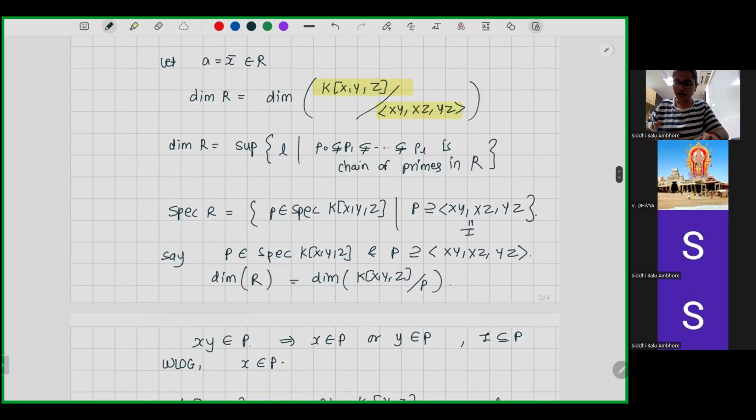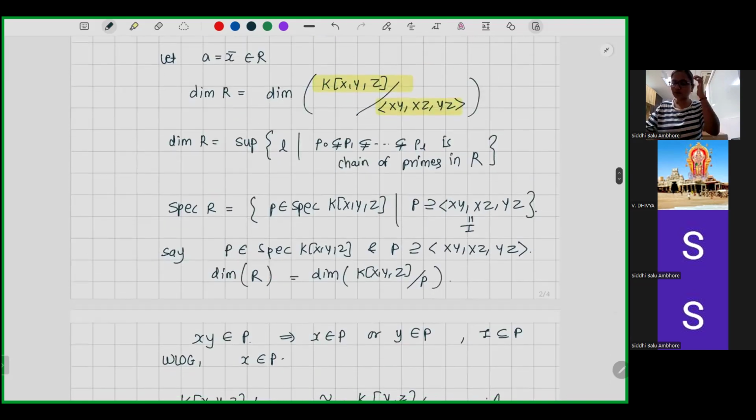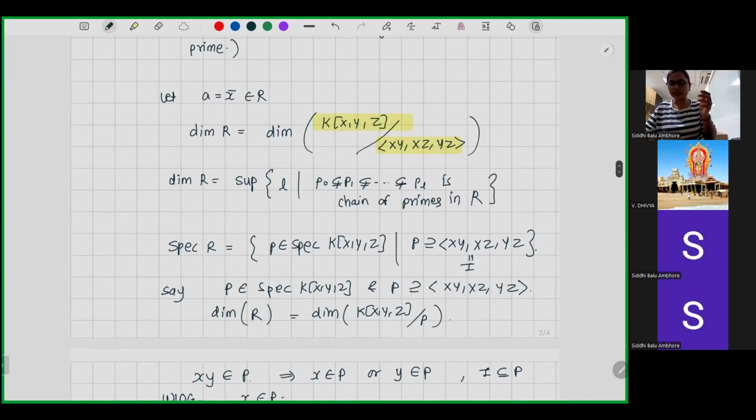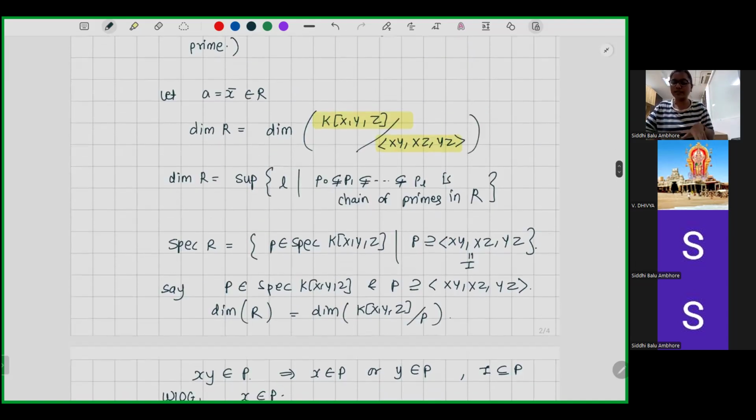If you want to see directly, you can see that the minimal primes are (x, y), (y, z), (x, z), and all of these are contained in (x, y, z).